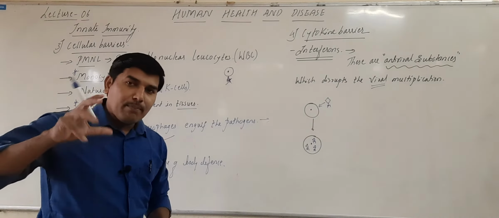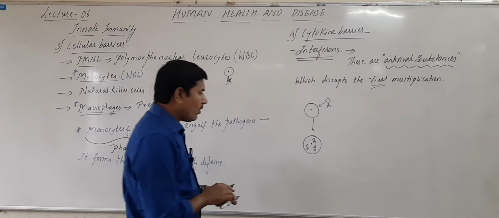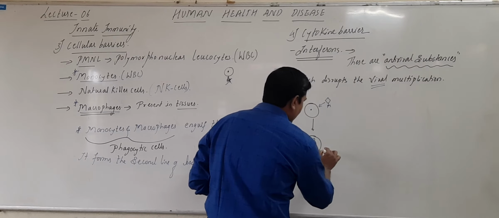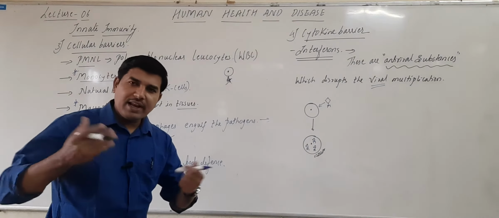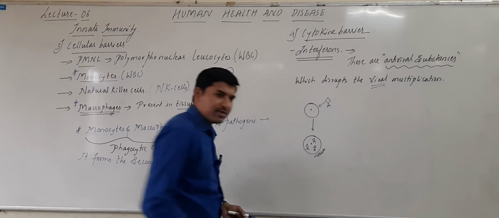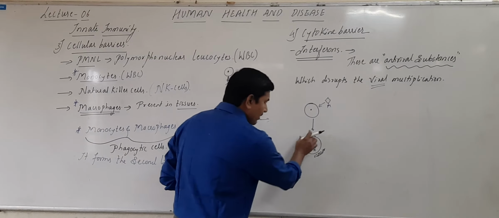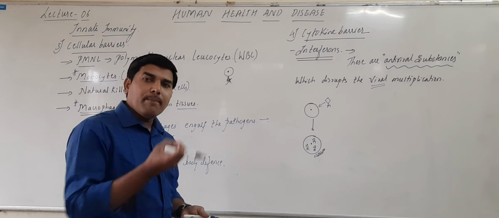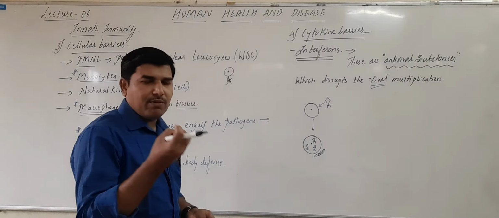Now when the body cell gets infected with the virus, our body cell will produce certain chemicals outside, from its outer layer. These chemicals are said to be interferons. Now this cell, after viral multiplication, gets busted out, because when the viruses are released, they burst the cell.